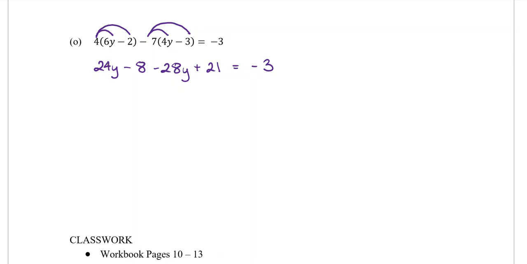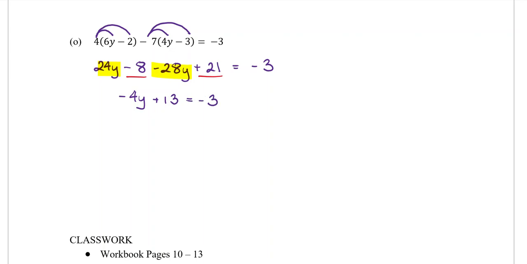Then our like terms, the y's are on the same side, so we're just going to collect these up. 24 take away 28 is negative 4y, and minus 8 plus 21 makes a positive 13, which equals negative 3.